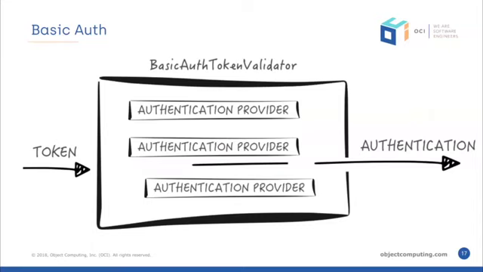The basic auth token validator uses the list of authentication providers. So an authentication provider is a type of bean that will be present in the Micronaut application context. It will basically try to authenticate. We'll see there is a credentials object that will be supplied to the authentication provider, and if the authentication provider is successful, it returns an authentication object.